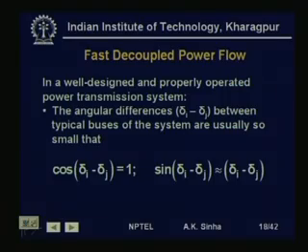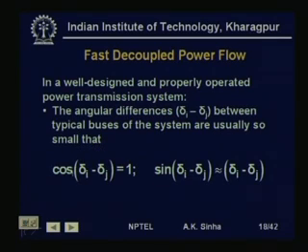So, some other improvements, looking at the physical aspects of the power system, were suggested in the form of a fast decoupled power flow method. This method was developed based on certain assumptions which are valid for a properly operated power system. In a well designed and properly operated power transmission system, the angular differences, that is delta i minus delta j, between typical buses are usually small.